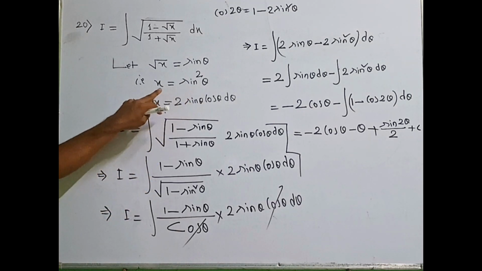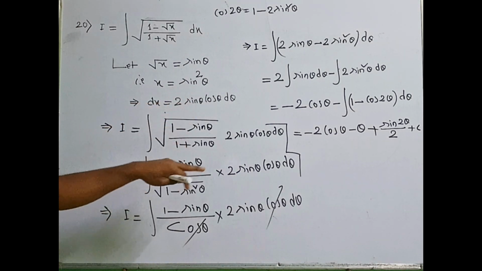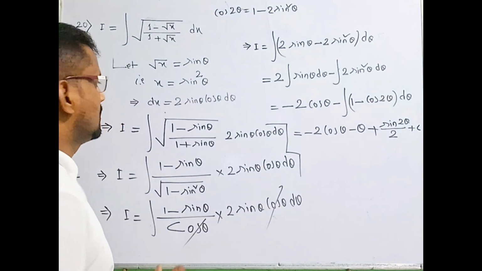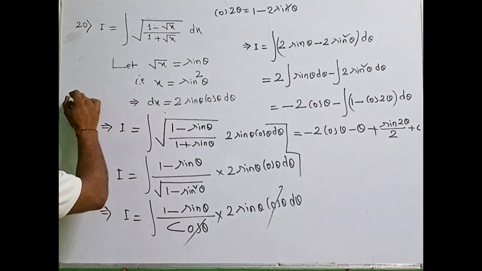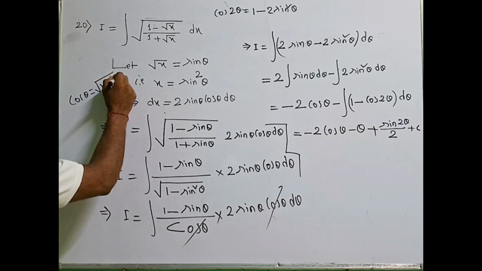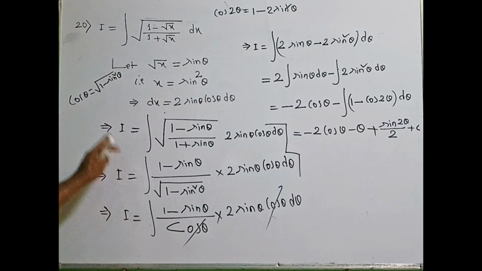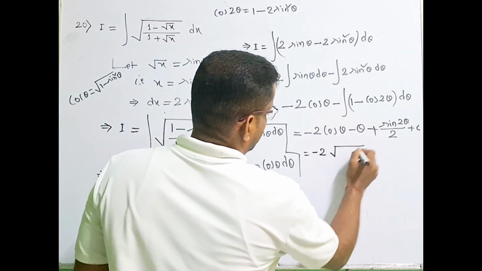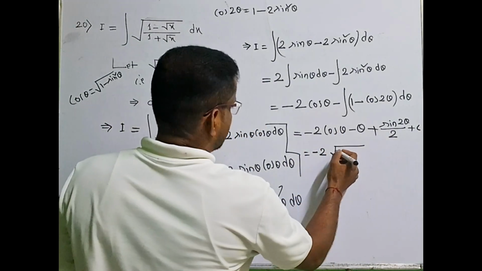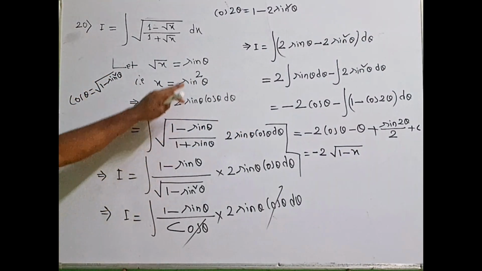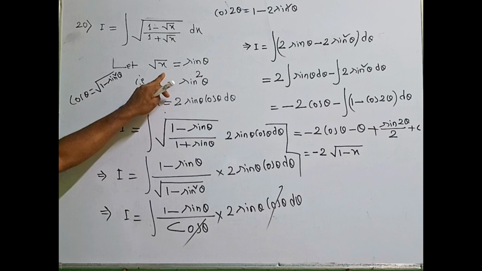Sin square theta is your x. So cos theta is your under root over 1 minus sine square theta. So that is nothing but minus 2 under root over 1 minus x, because sine theta is your root x.